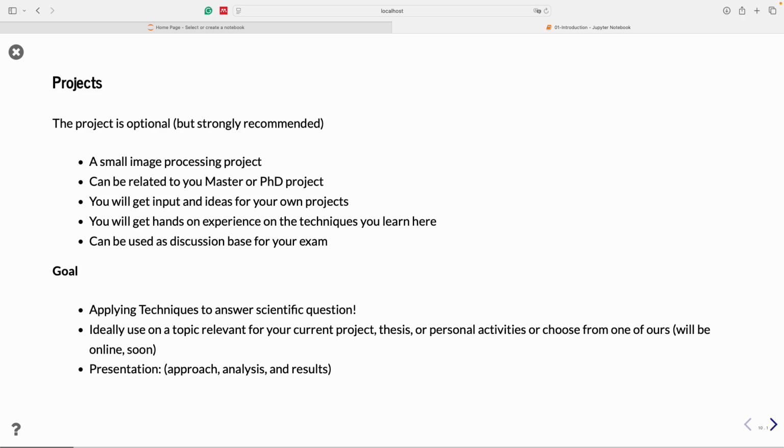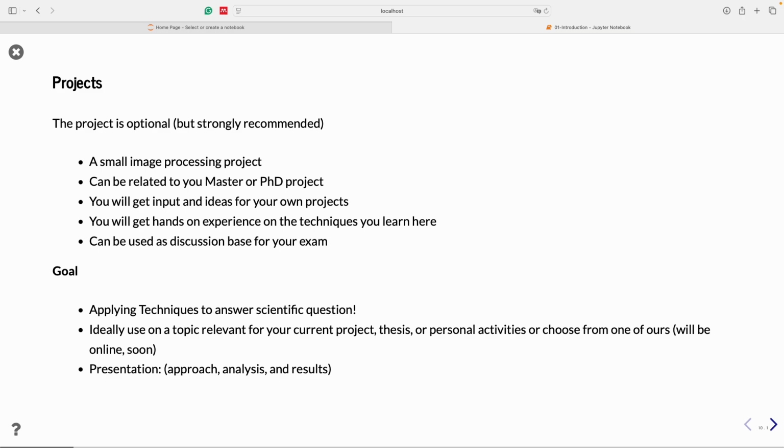And I say it's not mandatory, it's actually optional, but to get the most out of the course, it's good to do them. Another thing is, because this is extra work for you, I'm giving you the opportunity to use this project as a starting point for the exam.